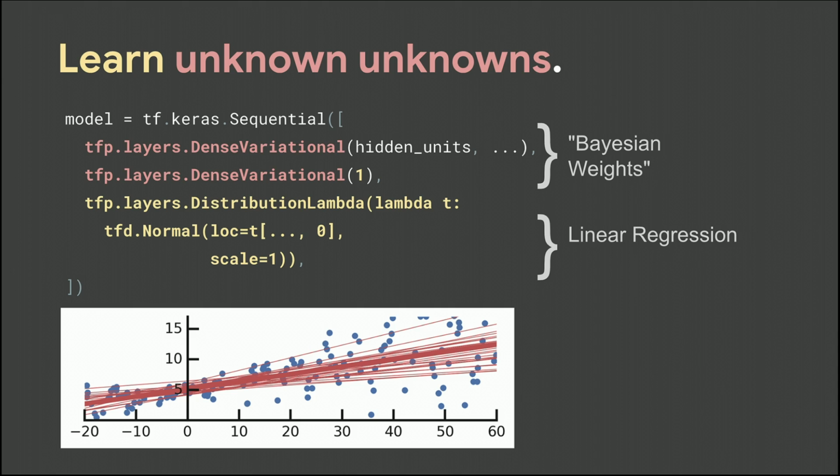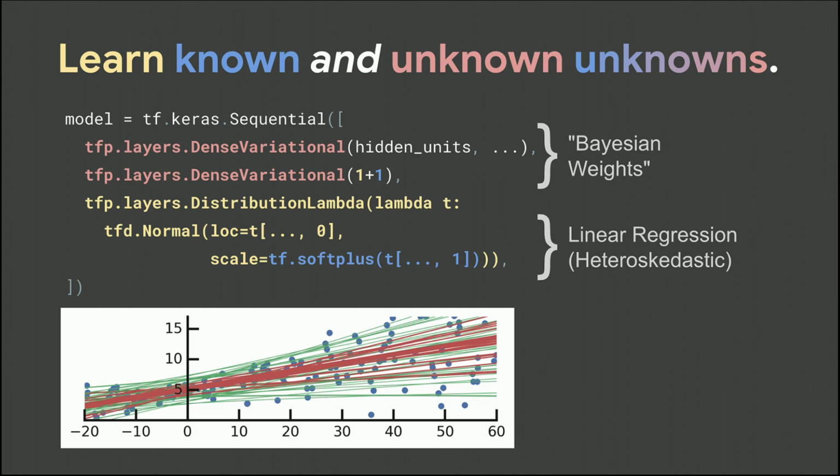So that seems pretty cool, but we seem to have lost the aleatoric uncertainty, the known unknowns. And so, can we get it back? Yes. Since all of this is modular, you can simply specify whatever assumptions you want to make. We're back to fitting the standard deviation by outputting 2 floats from that penultimate layer.